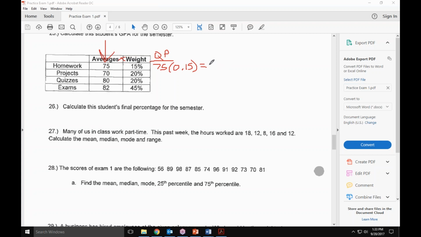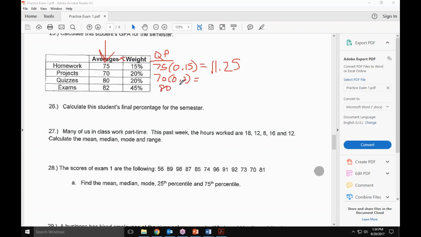So how many points do we get from homework? 11.25, exactly. Now you're going to do that same thing for the other three categories. We're going to take our projects times 0.2.